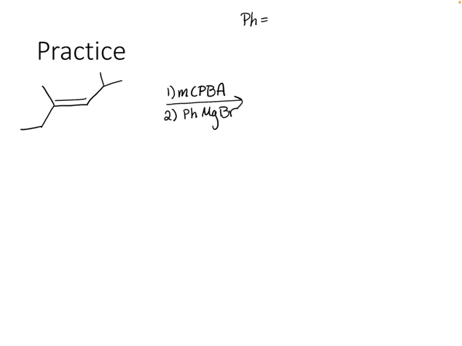All right, so I'll draw another alkene here. And this time we'll treat this with MCPBA, followed by a phenyl group in a Grignard reagent. So remember, Ph stands for a benzene ring, or phenyl group.